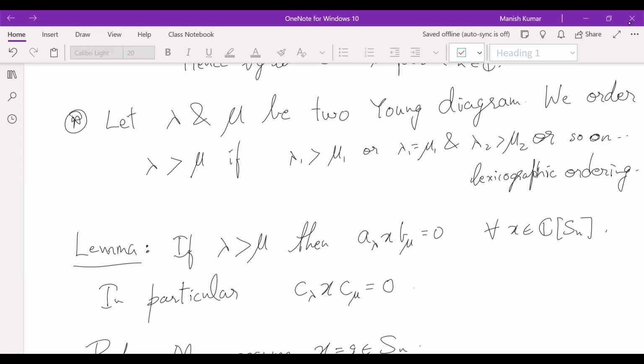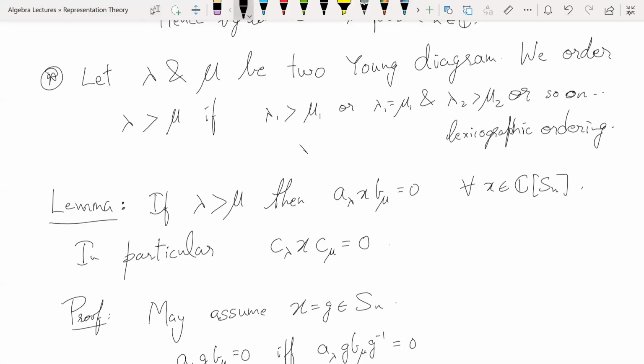Another way of saying this is to look at lambda i minus mu i for i between 1 and k, or whatever number it goes to. The first non-zero entry should be positive, and then you say that lambda is greater than mu.